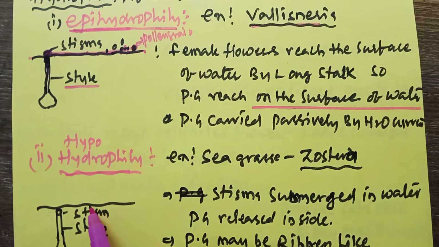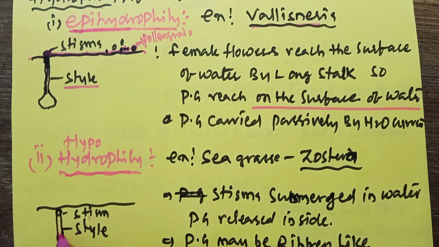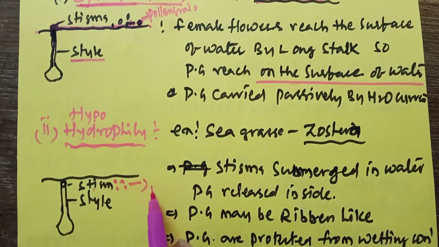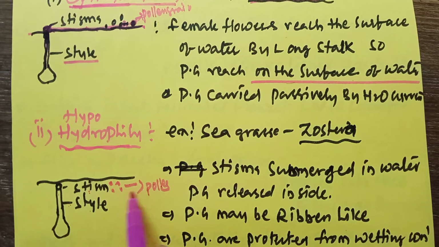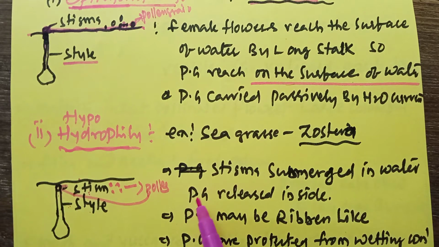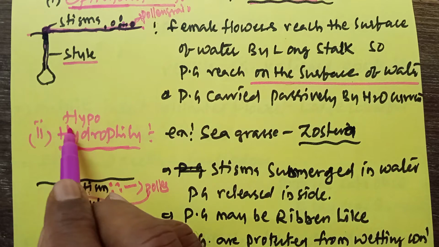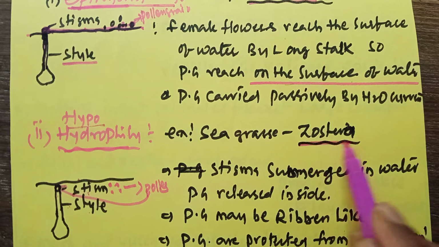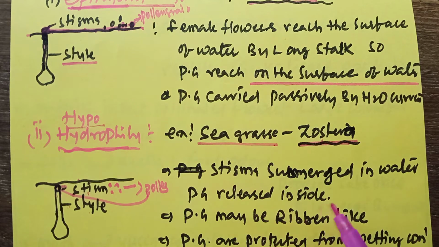So pollination takes place inside the water, because the style and stigma are suspended inside the water, so that pollen grains reach the stigma inside the water. This type of pollination is called hypohydrophily. Best example, Zostera, also called sea grass.